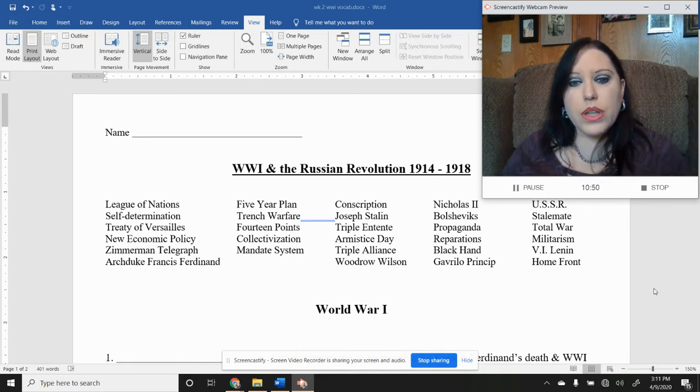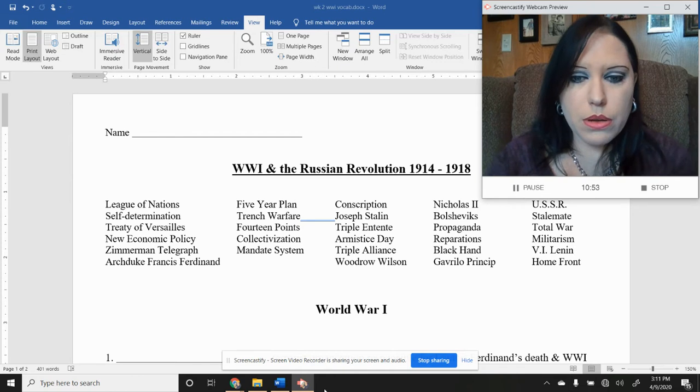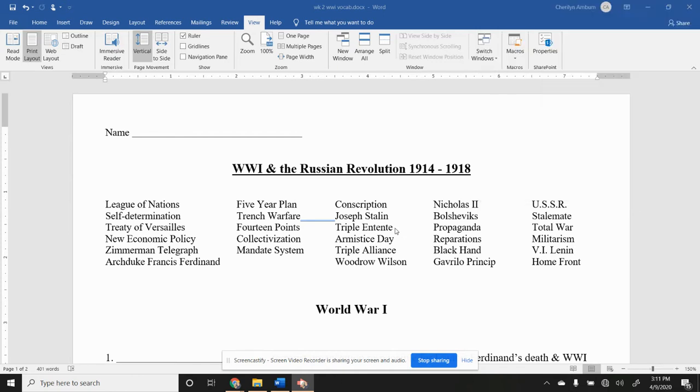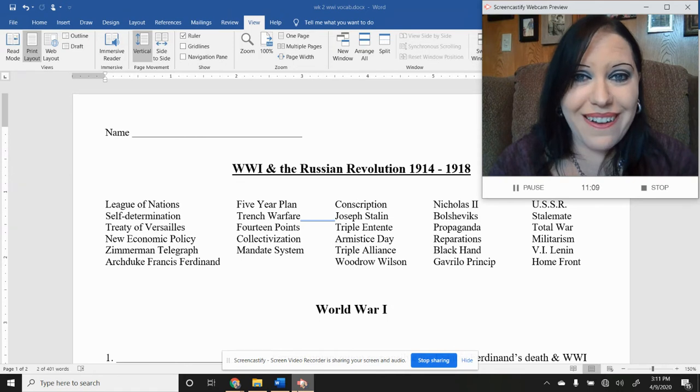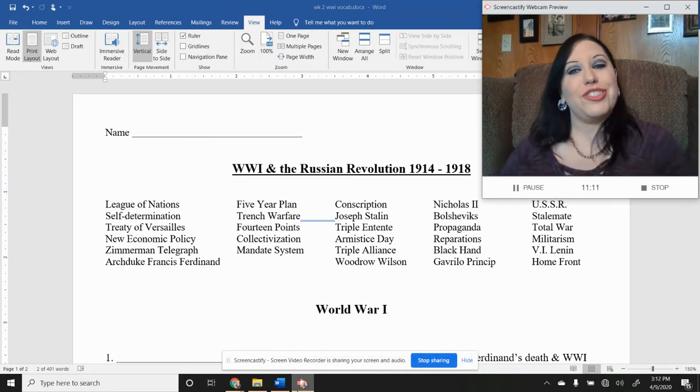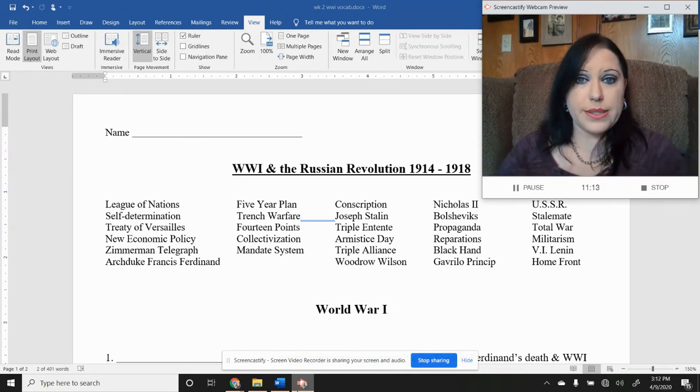The next word, okay, look at this word. It's weird. Triple entendre is how you say that. I know it's E-N-T-E-N-T-E, but it is entente. It's French. It means alliance.